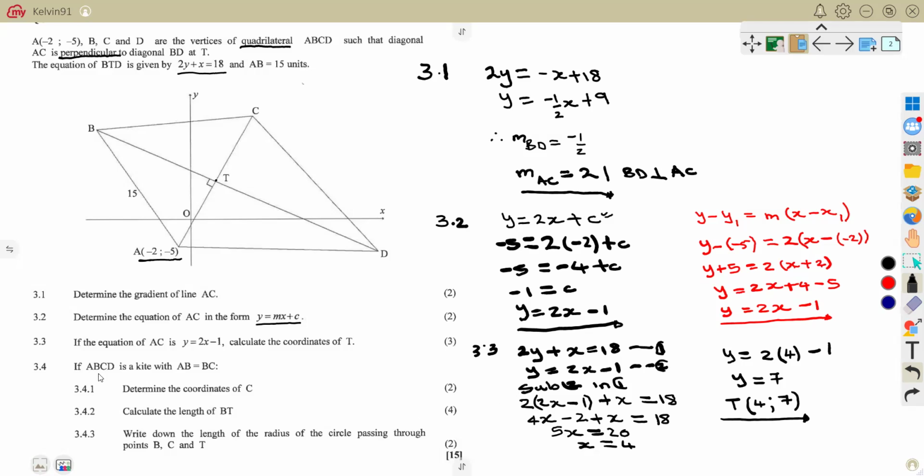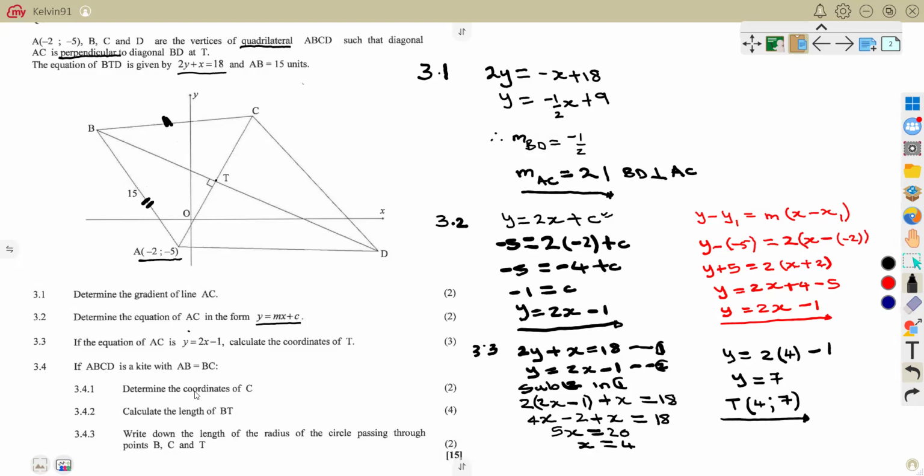Then, if ABCD is a kite with AB equal to BC, meaning in that question we are given that AB will be equal to BC.